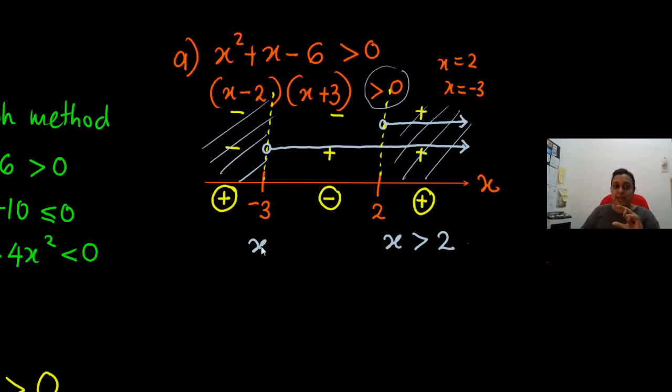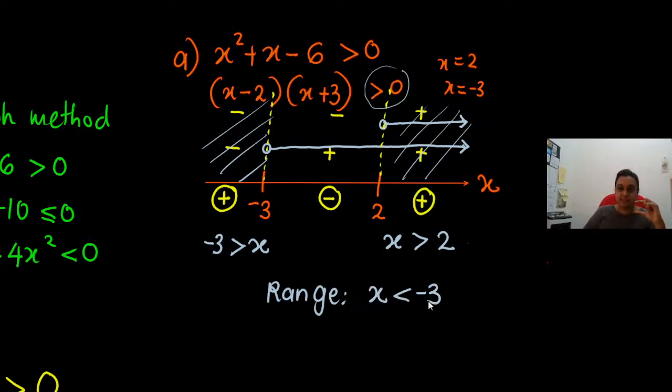Here also you write x, just copy the sign but you put it on the left hand side. So you can put negative 3. Then from here we write the range, which is x is smaller than negative 3, or x is bigger than 2. This is the range if you use number line.